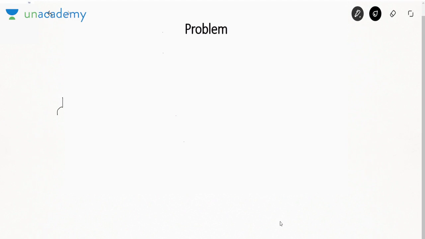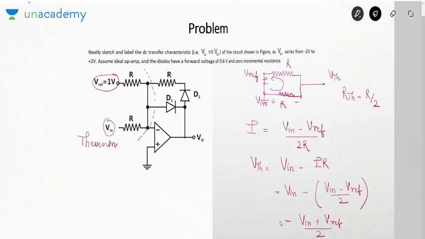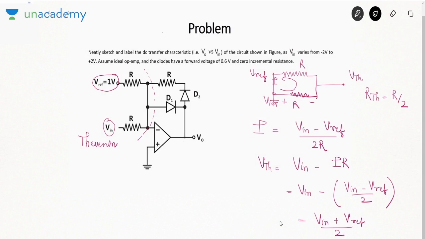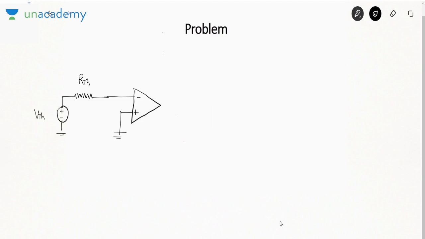We have VTH, then we have RTH. It is connected to the negative terminal of the OPAMP. What about the positive terminal? The positive terminal is grounded. Okay. And with the negative terminal, we have a diode like this. Then we have another diode, and we have a resistance.